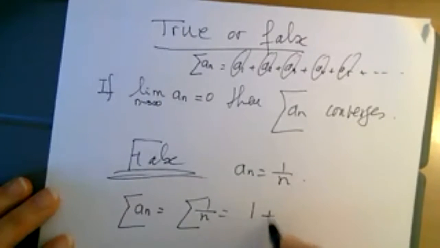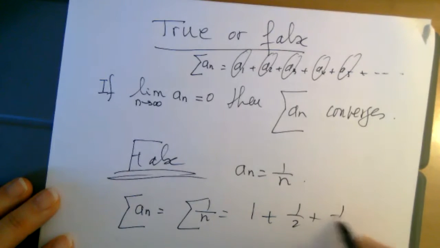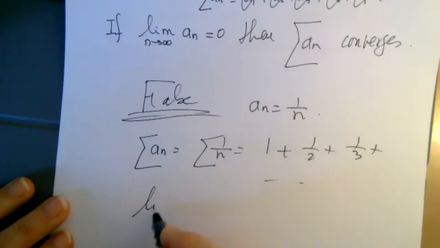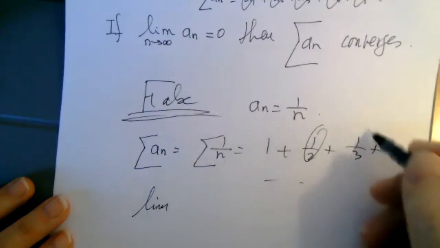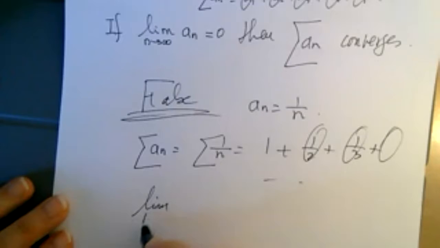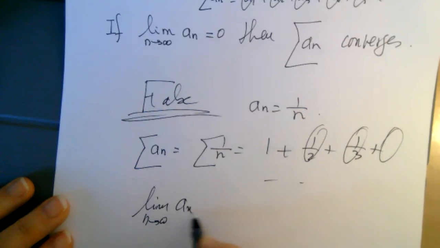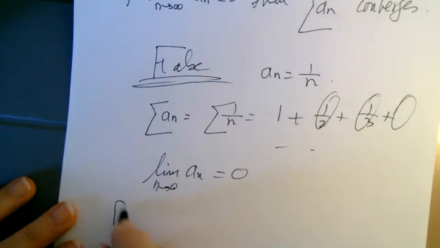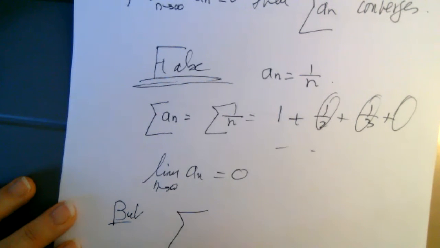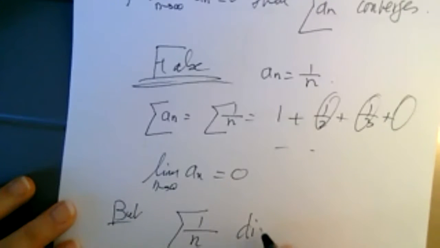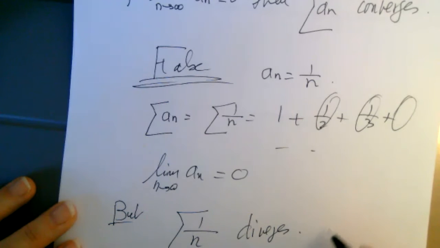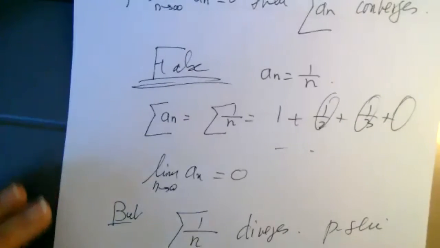It means 1 plus a half plus a third plus etc. Now here, the an, the individual terms, go to 0. But the series sigma 1 over n diverges because it's a p-series with p equal to 1.